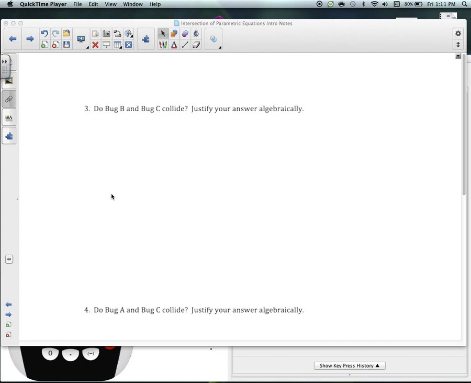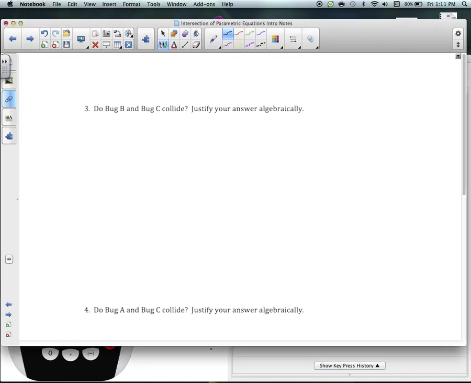We'll take a look at bug B and bug C as our next ones. So again, I'm just solving each of the equations, putting it in rectangular format.